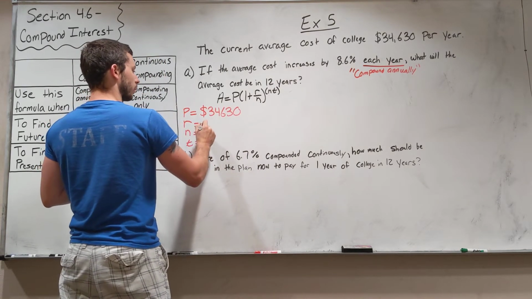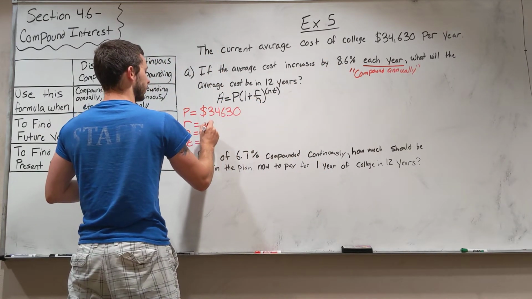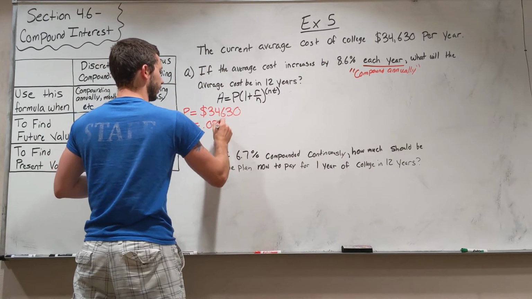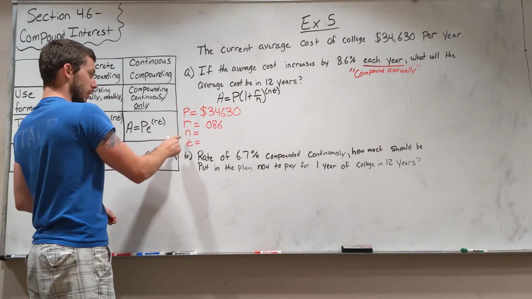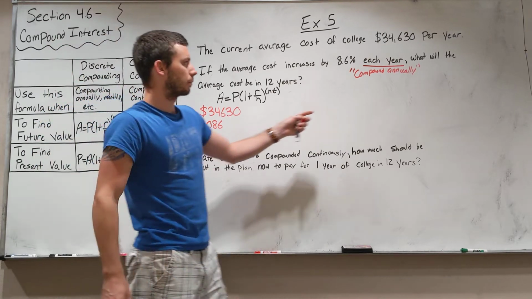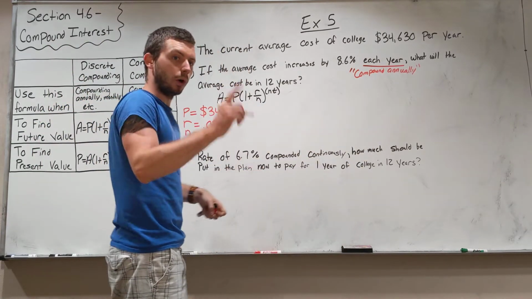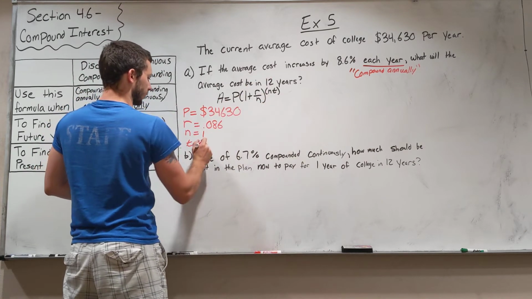The rate, we're going to go ahead and convert the rate to a decimal, which is 0.086. We move the decimal place over to the left 2 times. The N, that refers to the compounding cycles in a year. Compound annually is 1 cycle in a year. And the time refers to 12 years.